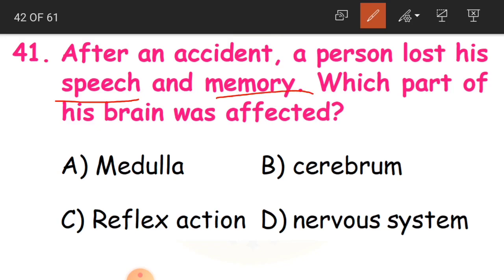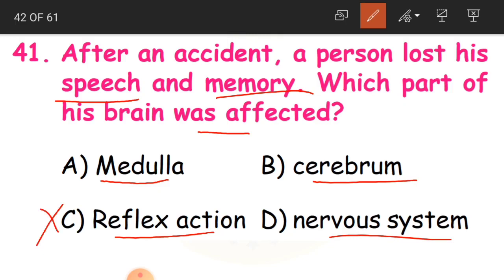Which part of his brain was affected? Whether it is medulla, cerebrum, reflex action or nervous system. So we have learnt about reflex action. That is not connected to this question. So this will not match. C will not match. Nervous system also will not match. And what is remaining? Medulla and cerebrum.